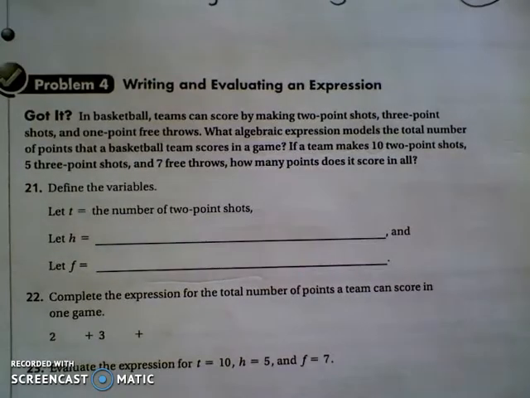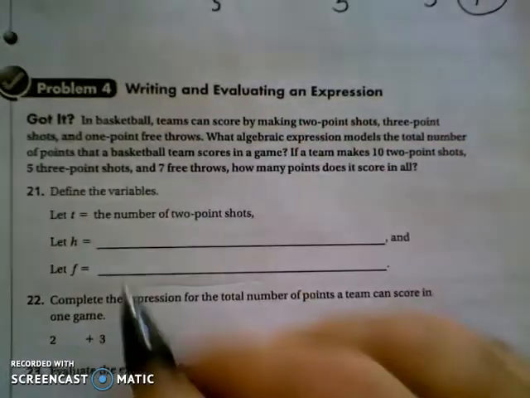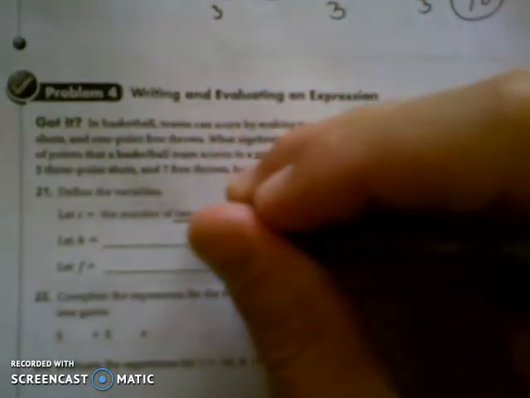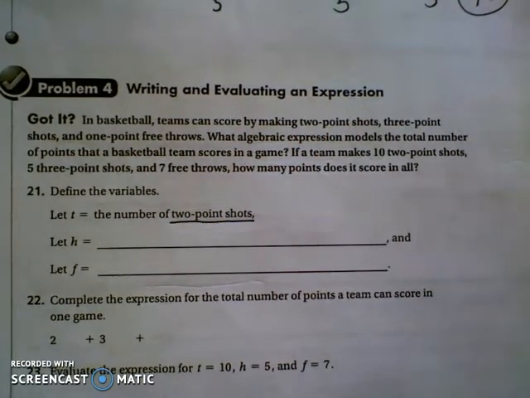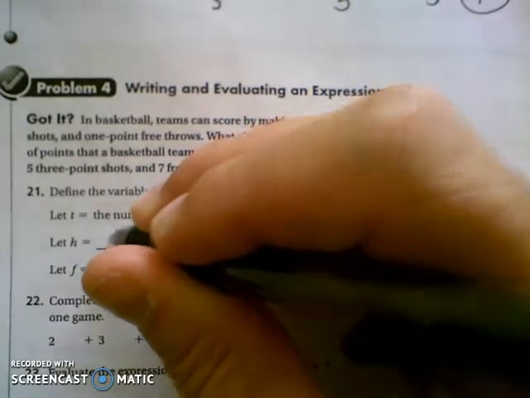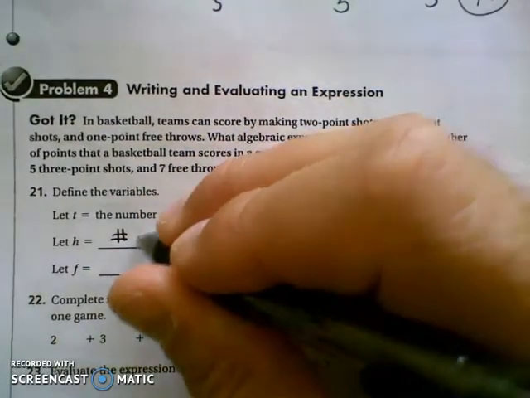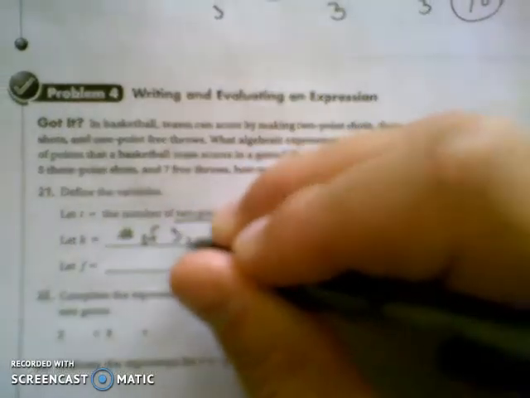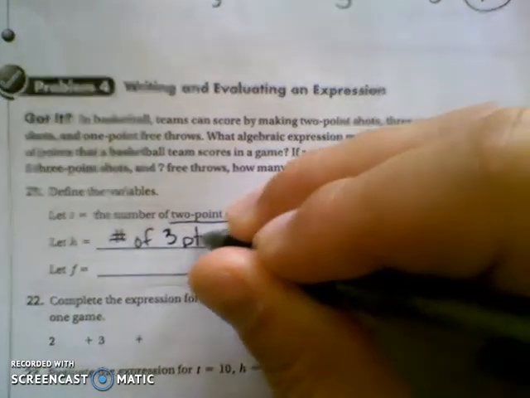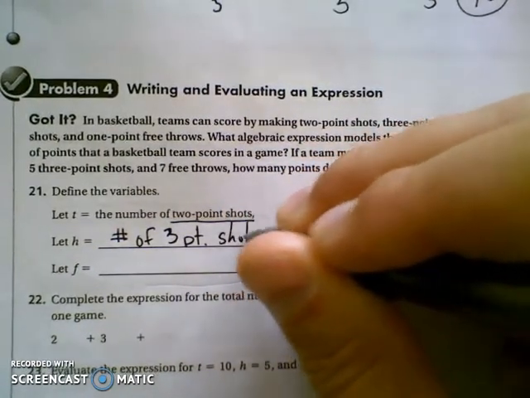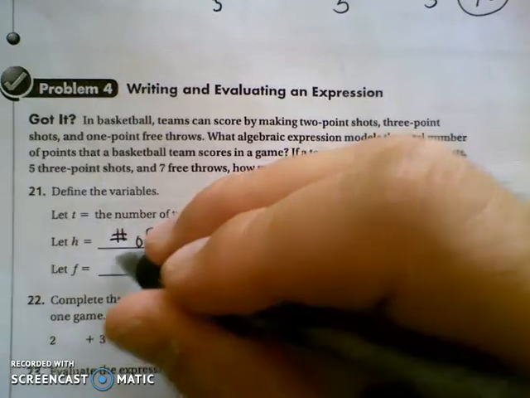Okay, after you read that, you should know that T is the number of 2-point shots. H is the number of 3-point shots. I'm going to put that for number. This is the 3-point shots. And F is the number of free throws.